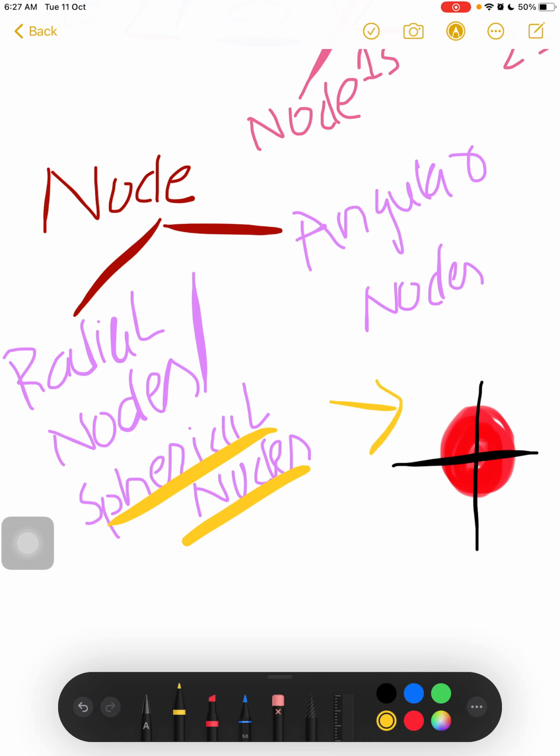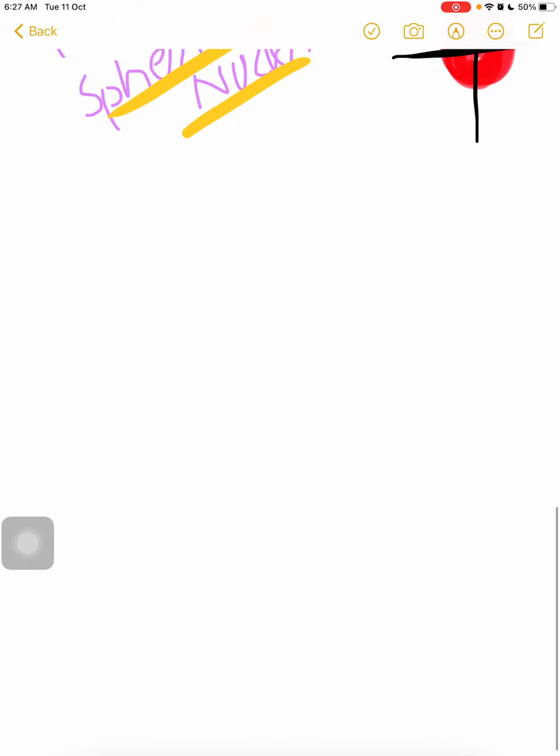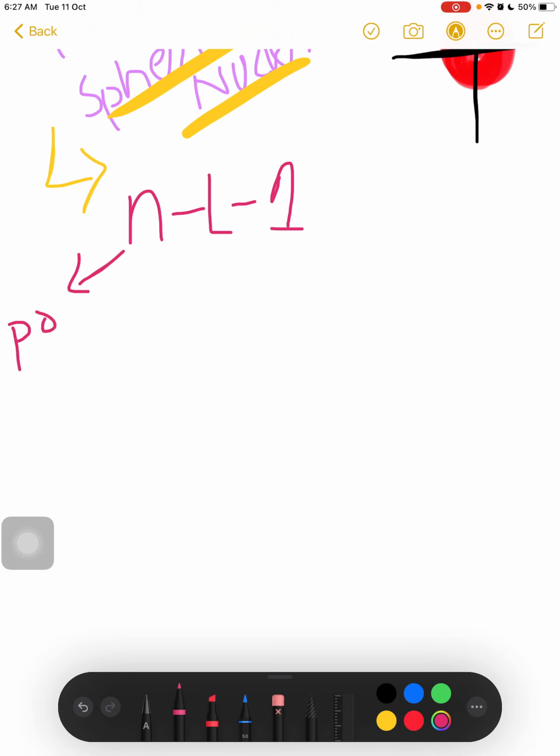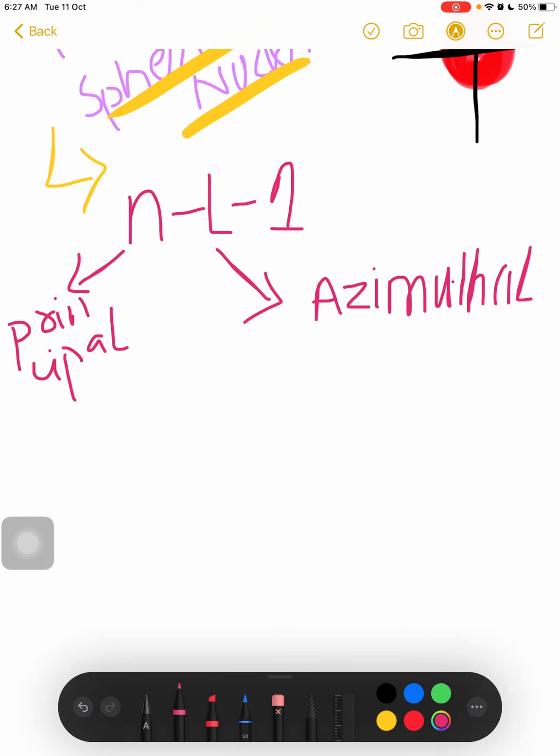So let's look at the formula for finding the nodes. The formula for finding spherical nodes is n minus l minus 1. So n is the principal quantum number, and l is the azimuthal quantum number.